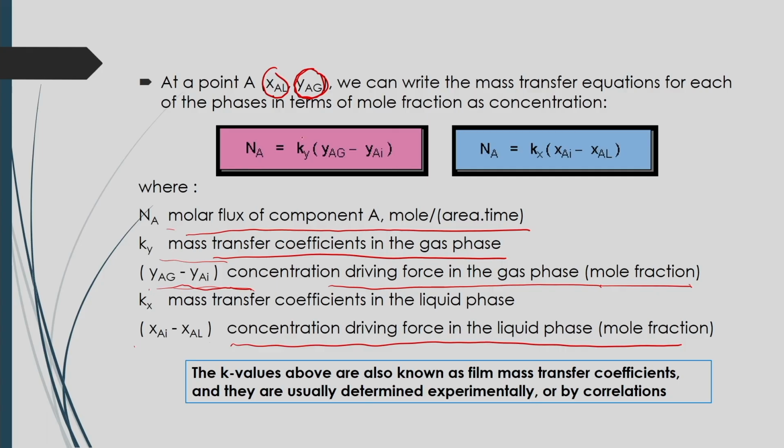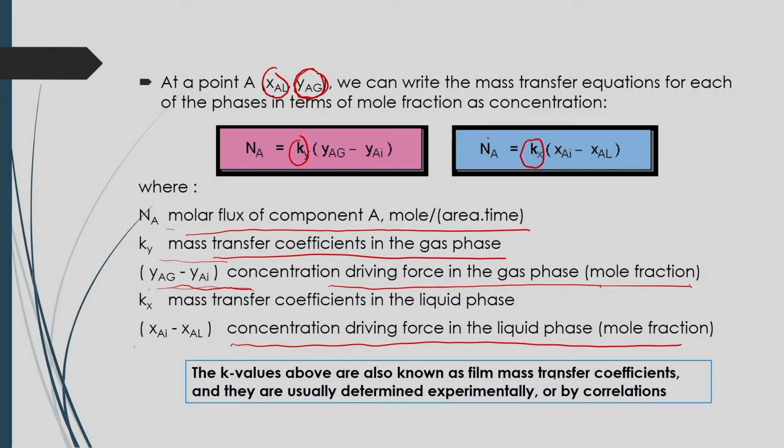Ky and Kx are the mass transfer coefficients of the individual phases, also called individual or film mass transfer coefficients, since we are considering the concentration difference from the reference of the interface.